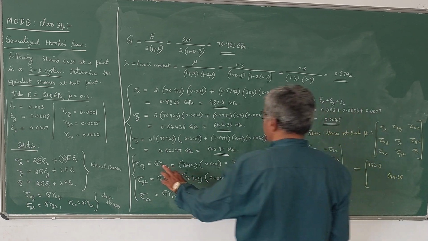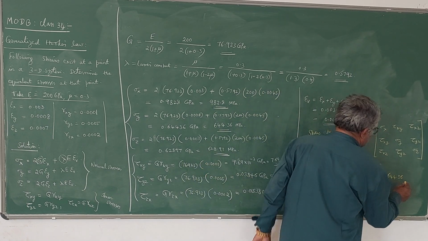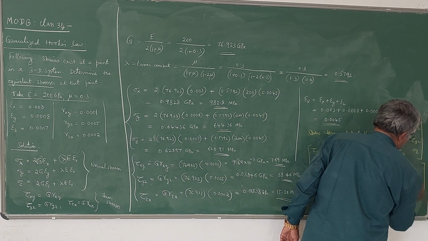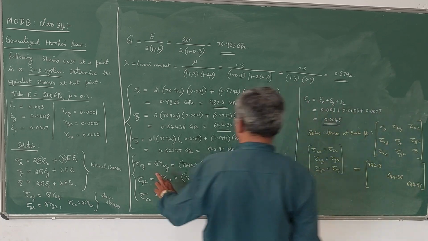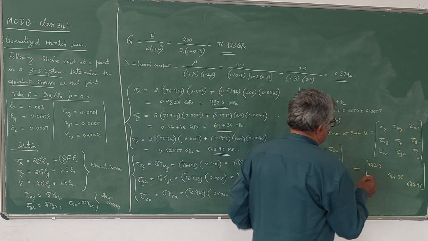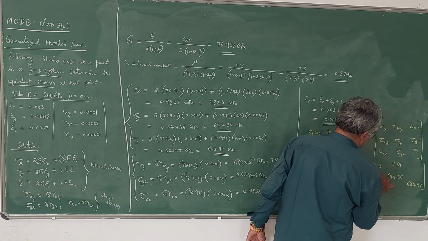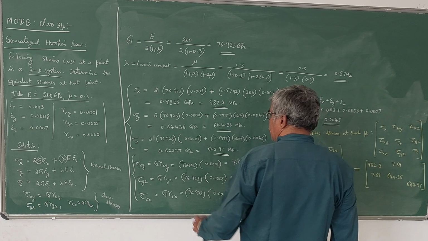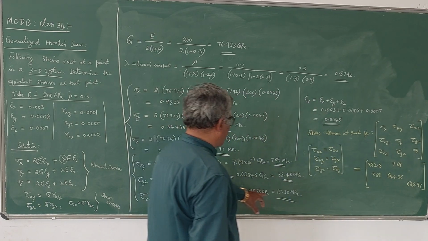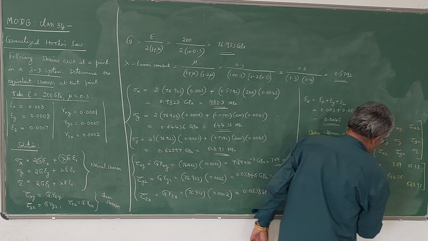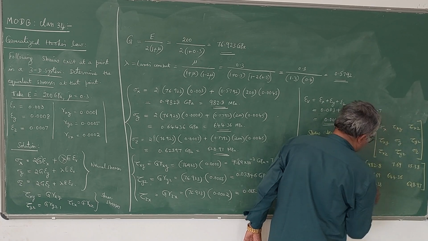Then sigma z is 628.97. Then coming to the shear stress values, tau xy is 7.69. So I will write here 7.69. This is symmetric, therefore this is also 7.69. Tau xz is 15.38. This value is also 15.38 because it is symmetric.